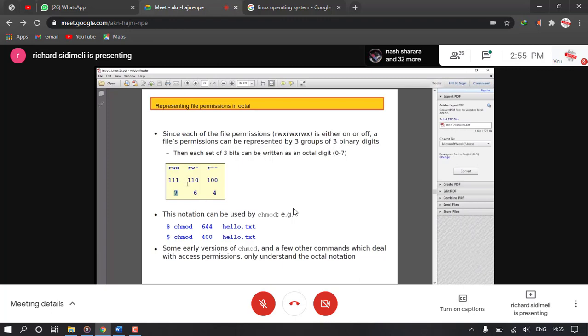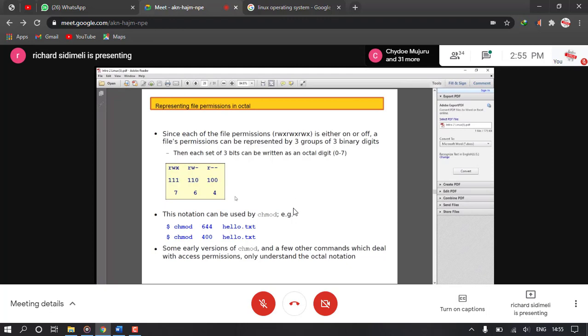So if you go and look thoroughly at this, you realize that binary weighting will give you a 7. This binary weighting will give you a 6. That binary weighting will give 4, which means we can change this into this, which is a 4, 6, 7. Those are weightings, but these are binary weightings.